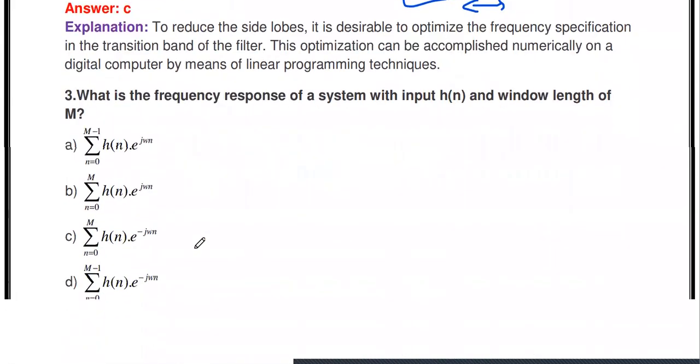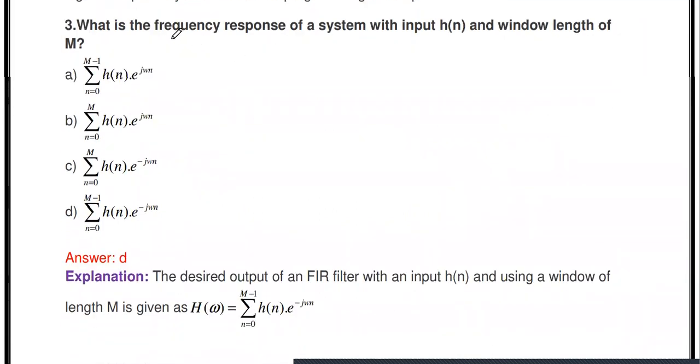Then the next one: what is the frequency response of a system with input h of n and window length M? The frequency response of that particular system is nothing but the Fourier transform of that function.